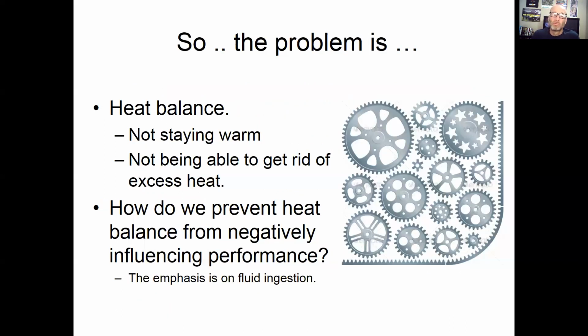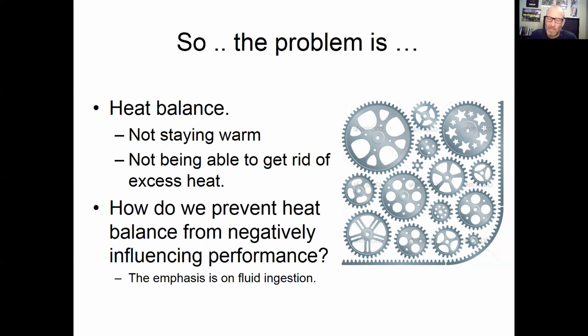All right, so the real problem is not dehydration. The real problem is heat balance. The real problem is maintaining core temperature. And if you're in a hot environment, sweat is a key component to maintaining core temperature. You need to continue to drink to hydrate yourself in a way that the sweating mechanism is allowed to do what it does.